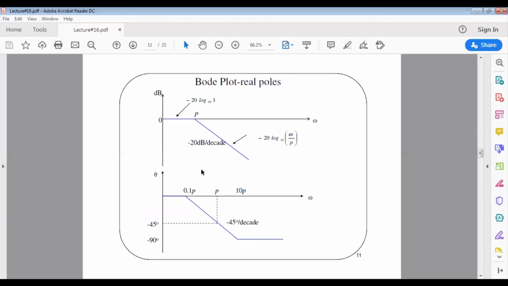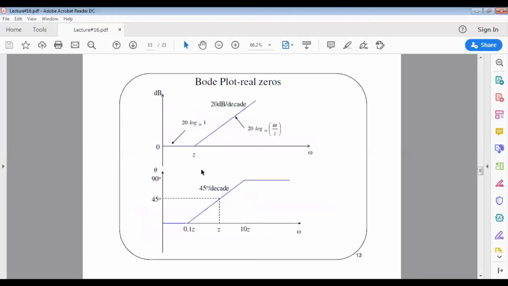And this is the plot for the real pole, as mentioned just now, and this should be the plot for the real zeros. So we have understood that these are the 5 cases available in the transfer function: constant, zeros at origin, pole at origin, real zeros, and real pole.